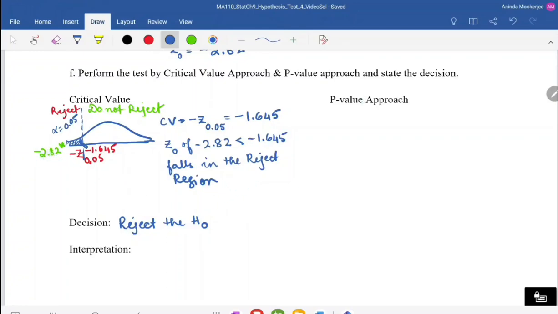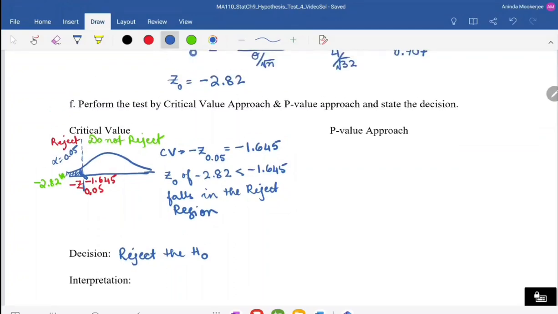Now for the p-value approach, we start with the test statistic. So our test statistic value is z sub 0 equals negative 2.82, right? Now we have to find the area corresponding to this test statistic z value.